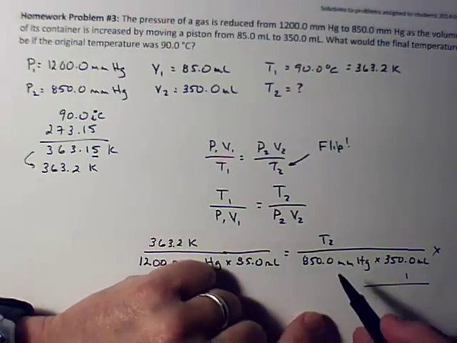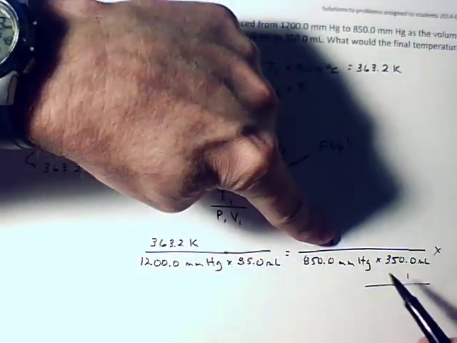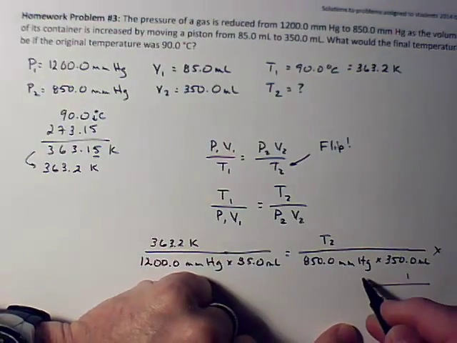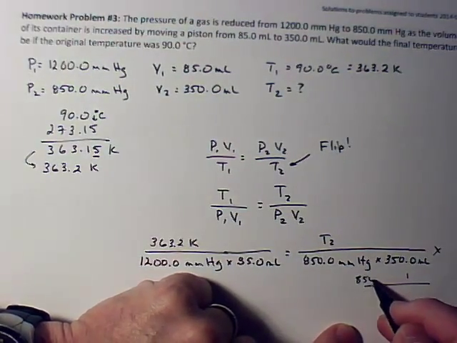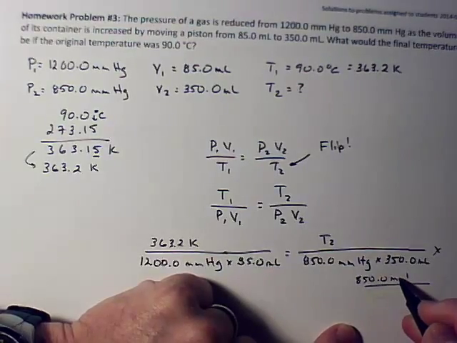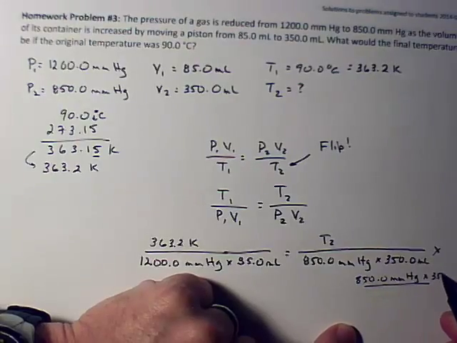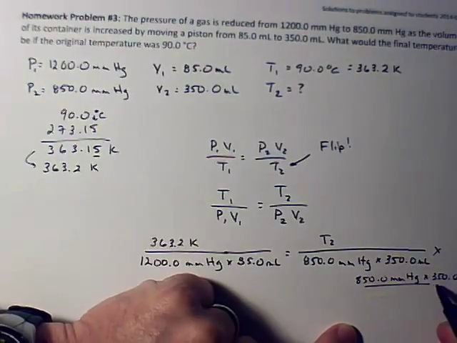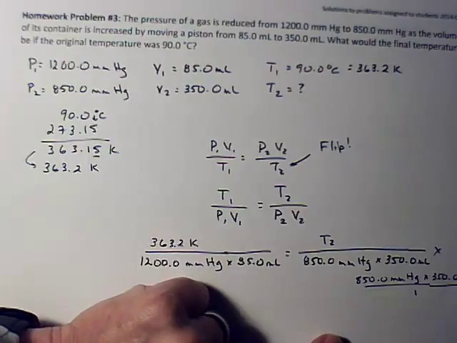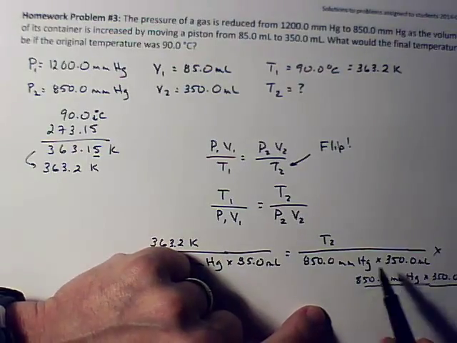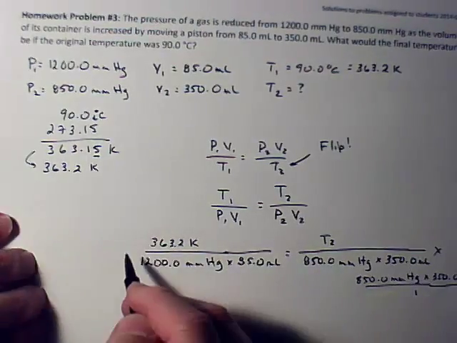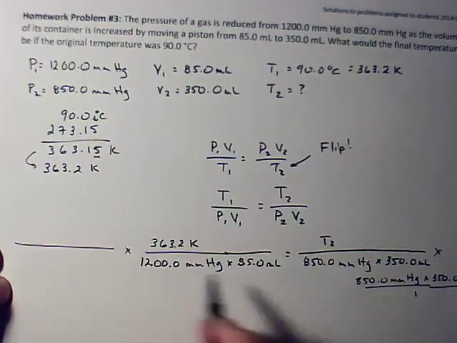So I've got to multiply by the inverse of just this part here on the bottom. I want 850.0 millimeters of mercury times 350.0 milliliters on the top over 1, which if I've got this on the top times this on the bottom, I can cancel those.